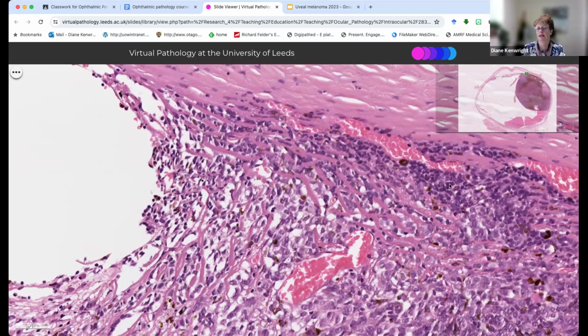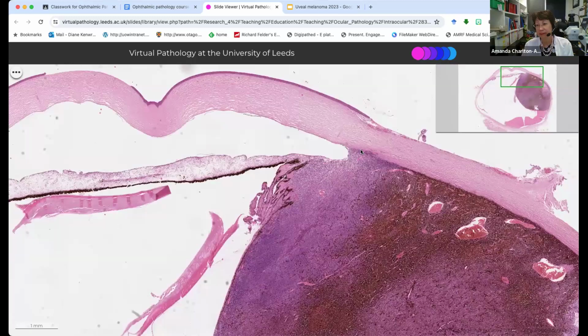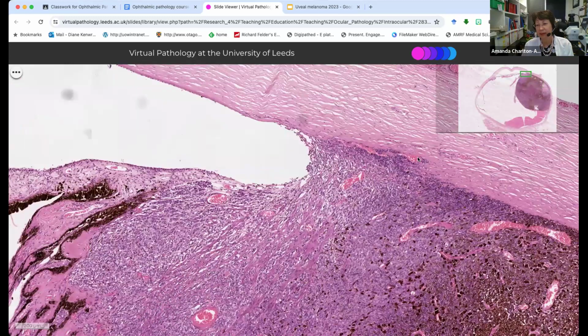This one doesn't have many lymphocytes, so we'd call it non-brisk, but there are some lymphocytes there. Tumour host response, right? So that's tumour cells in the angle over to the left, but more interestingly in the trabecular meshwork. And one of those things is the canal of Schlemm, so very close. The canal often gets blood into it during an enucleation, even though it doesn't have blood in it normally. So it's these things in the trabecular meshwork.